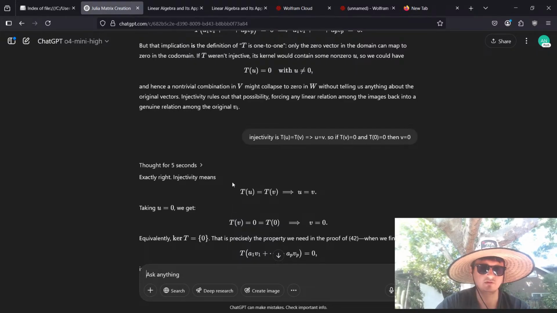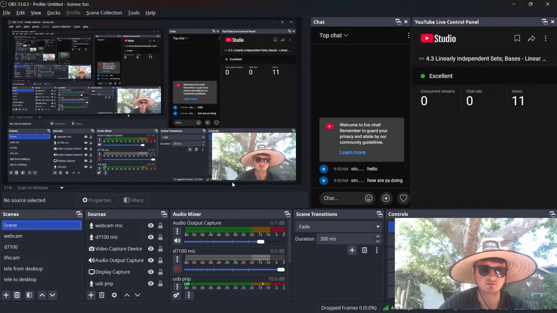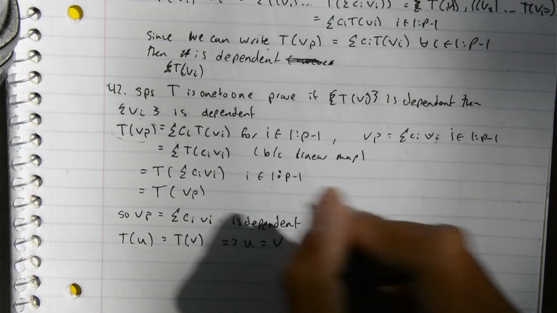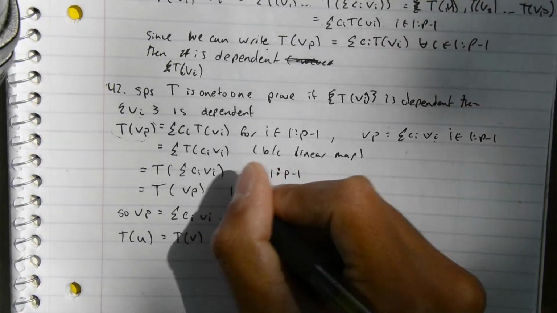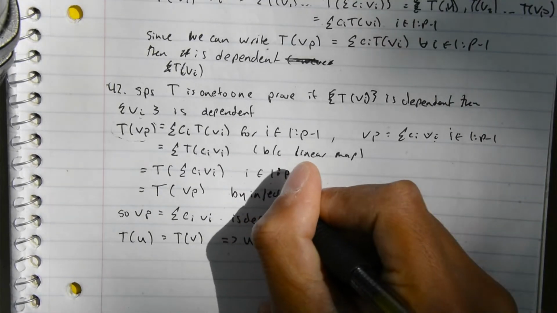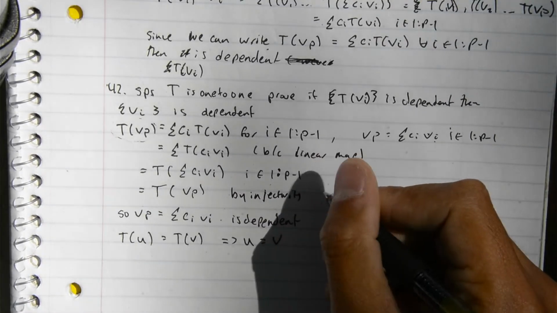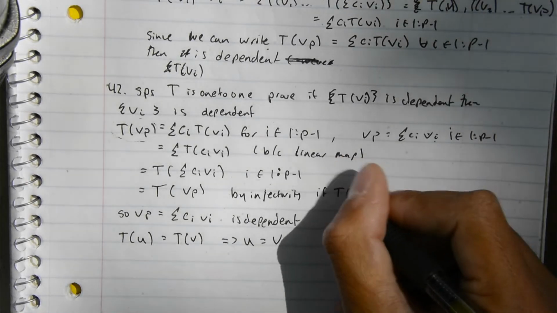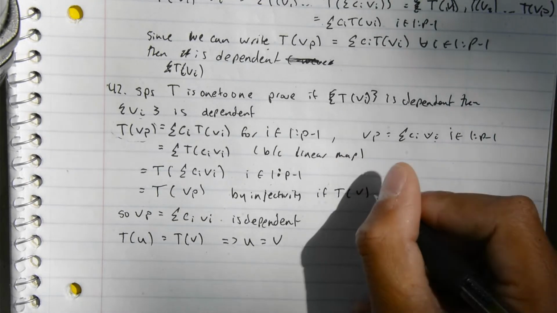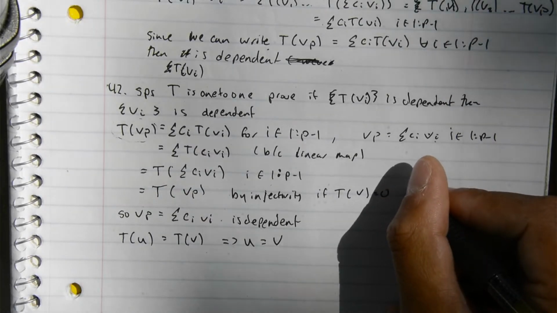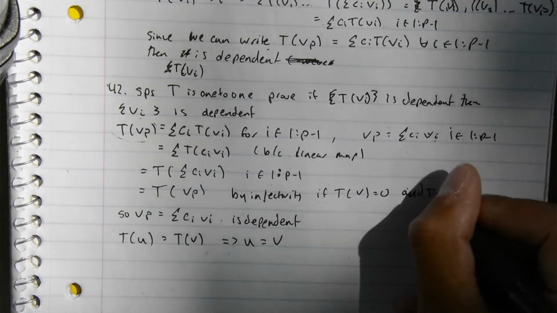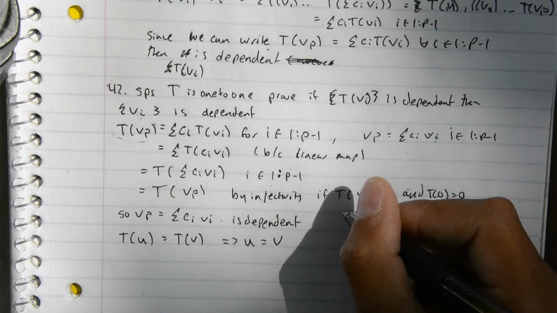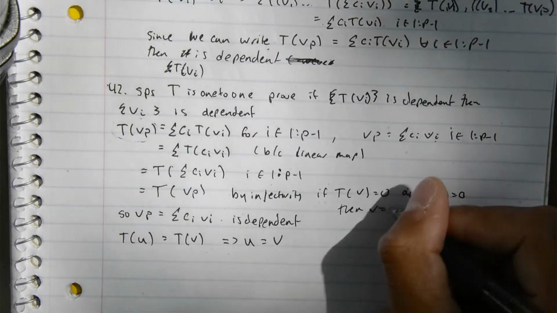Okay, so in here we're going to change this so that by injectivity, if T of V is equal to 0 and T of 0 equals 0, then V is equal to 0.